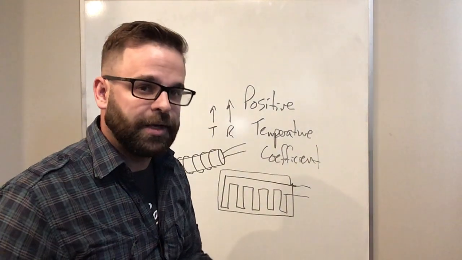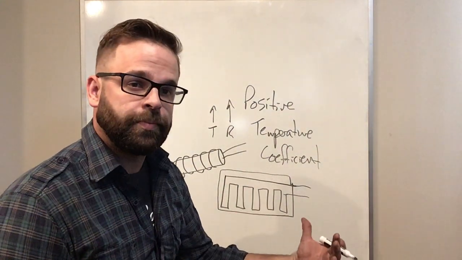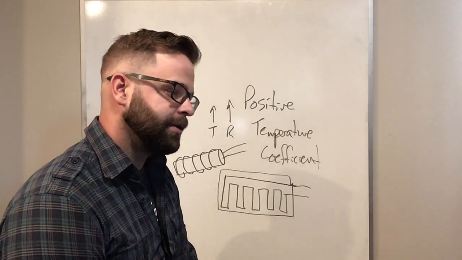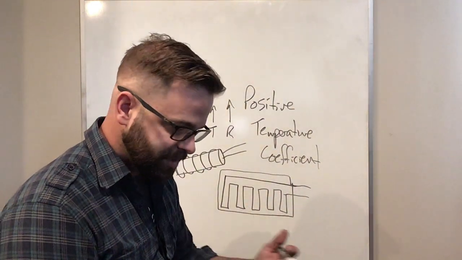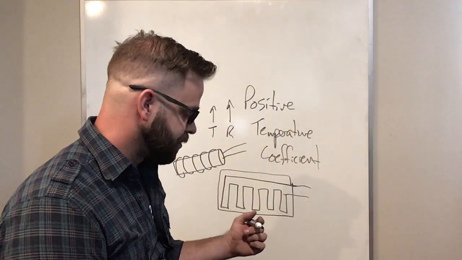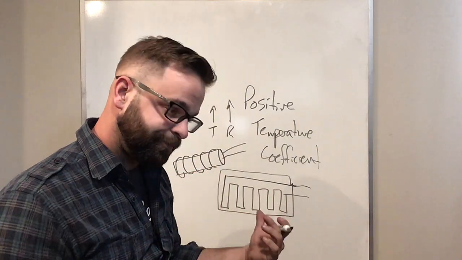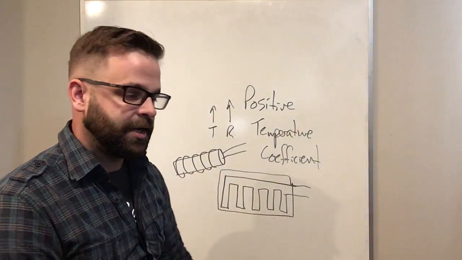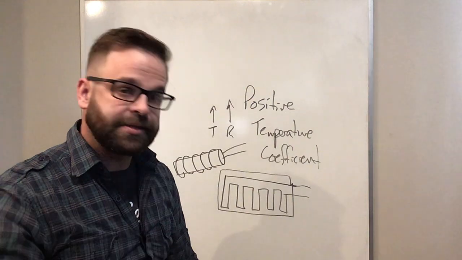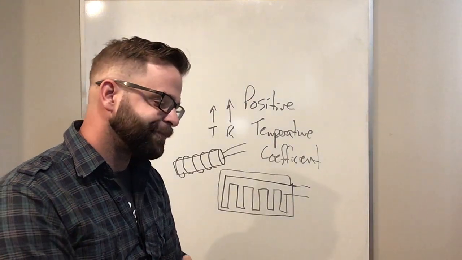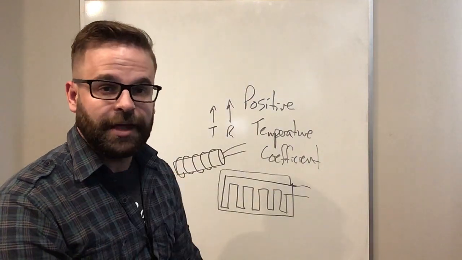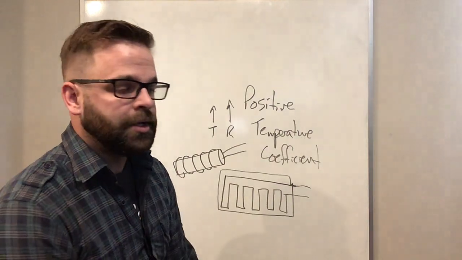And that literally would just get put in a room, and could be matched with a thermostat. So at 0 degrees, it's going to read 100 ohms, and as the temperature goes up, because it's a positive temperature coefficient, the resistance at the same time is also going to go up.